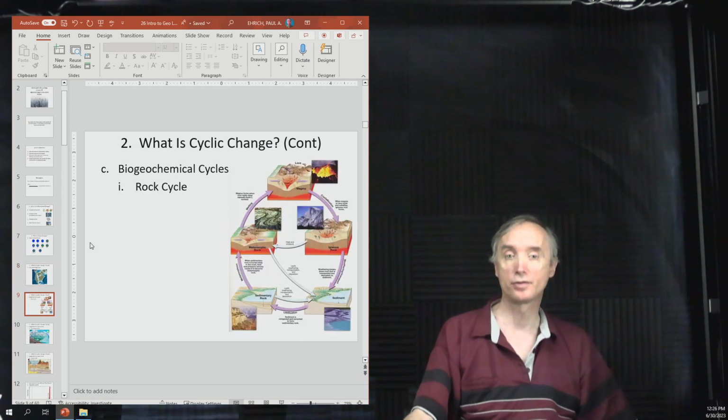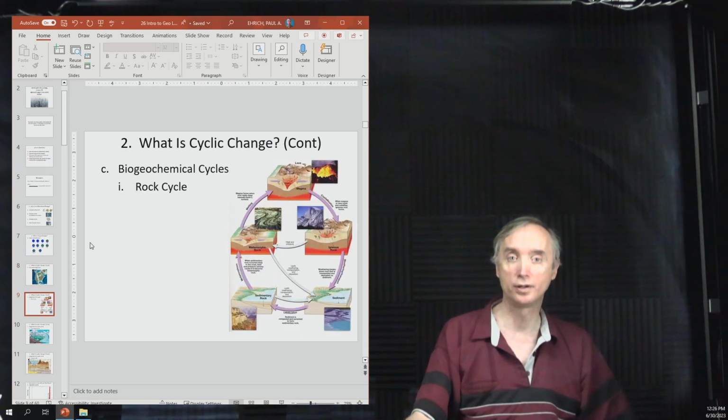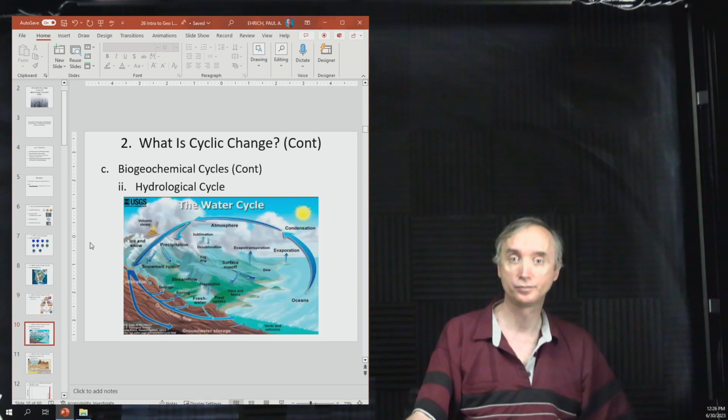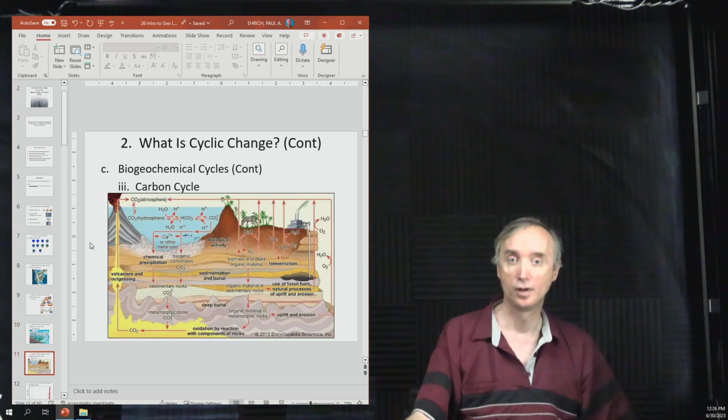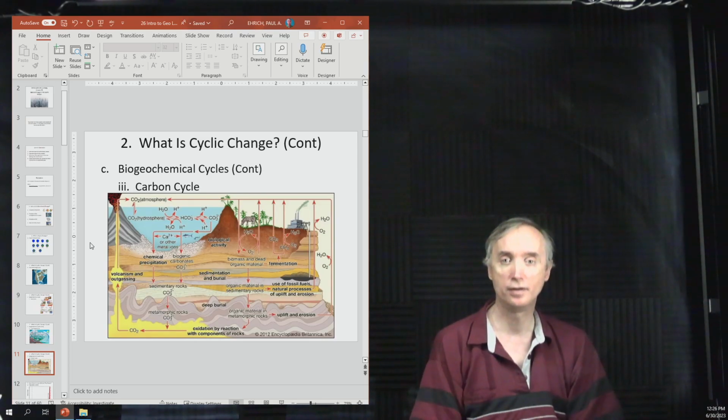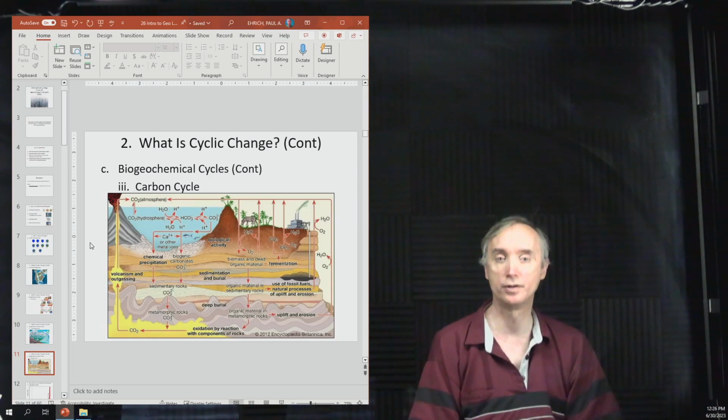We've already talked about the rock cycle, so how one kind of rock can be changed into another kind of rock. And we've also talked about the hydrological cycle when we talked about climate. Where does water come from, and where does water go? However, I do want to emphasize the carbon cycle.